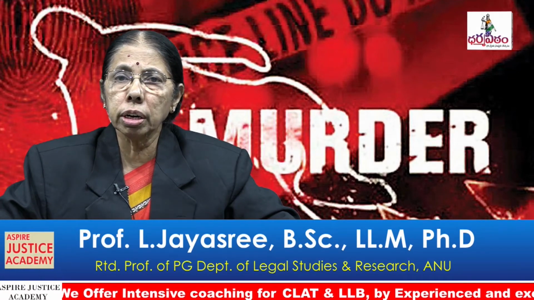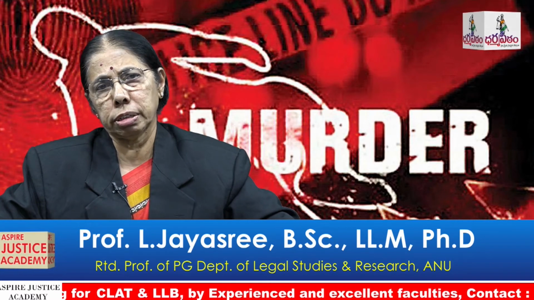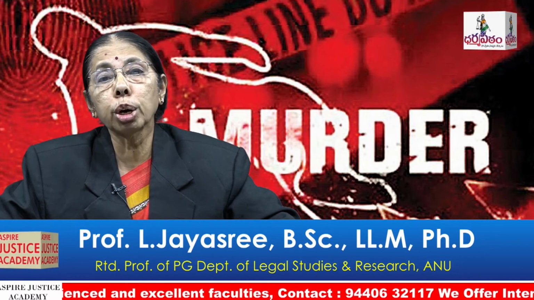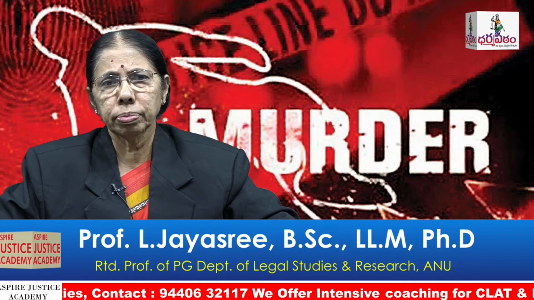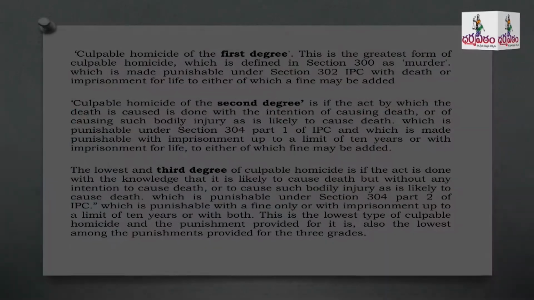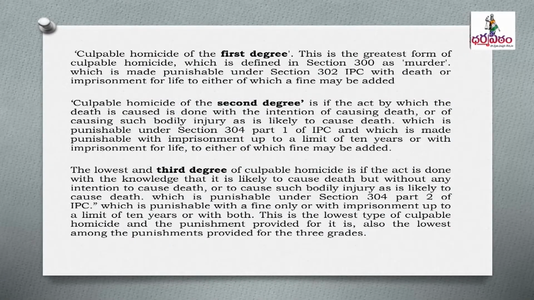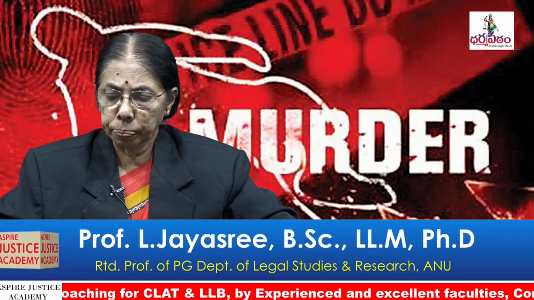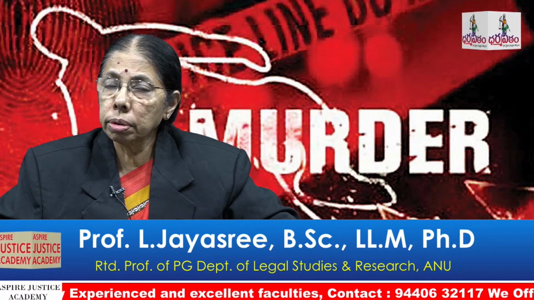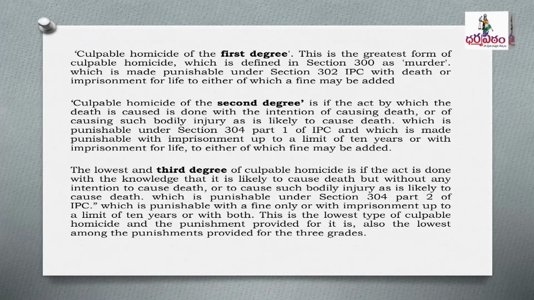Culpable homicide of the first degree is the gravest form, punishable under 302 IPC, that is murder. Second, culpable homicide of the second degree is punishable under section 304 part 1. And culpable homicide of the third degree is punishable under section 304 part 2.